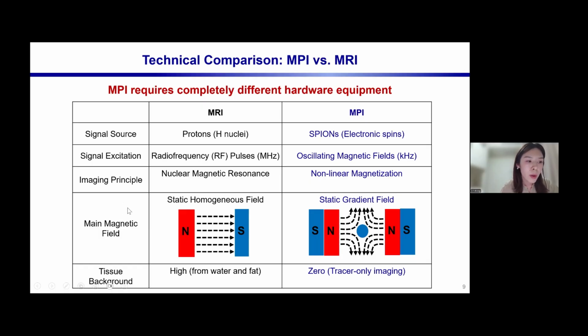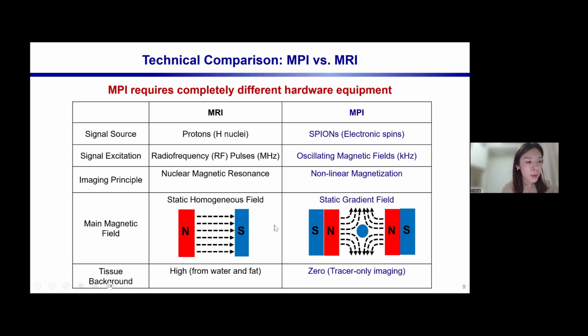For MRI, we need a highly homogeneous static field to align the protons. We can have 3T scanners or 7T scanners and even higher field scanners. But for MPI, the main field is actually a spatial gradient field designed to create the field-free region that we mentioned earlier. Because of these distinct requirements, the two systems are built completely differently.